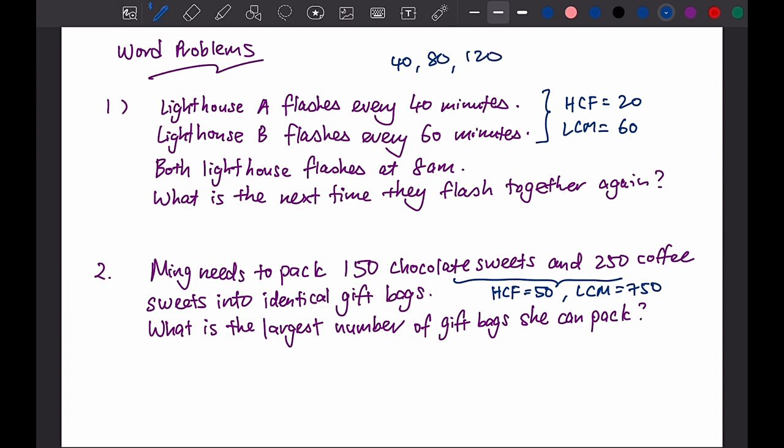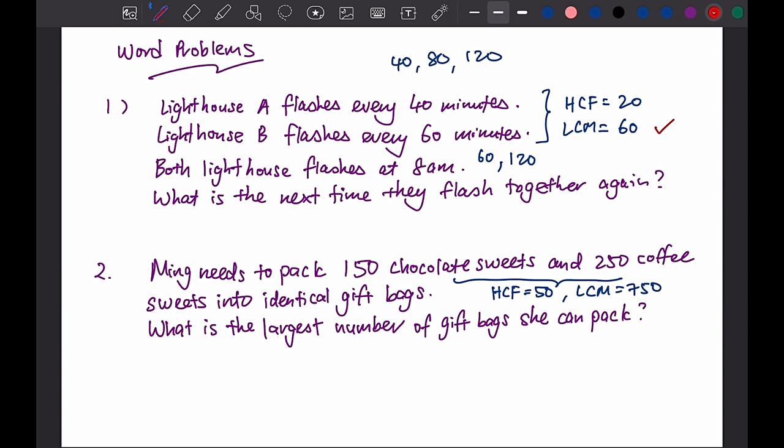For 60, it will be 60, and 120. There's a certain repetition. So when there is this repetition, what you want to be looking for is actually the LCM, multiples.